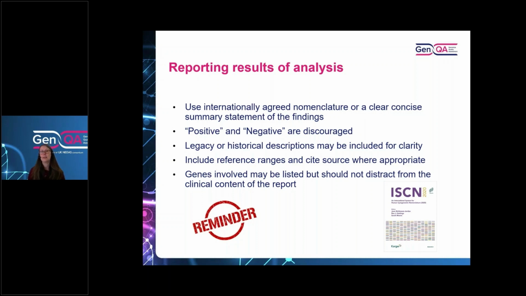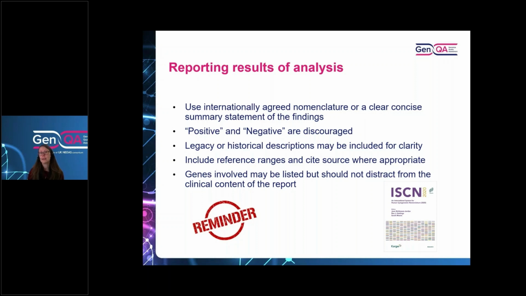We are aware, obviously, there are scenarios where there might not currently be nomenclature. So, for example, for OGM testing, there is no nomenclature for that currently in the ISCN. Or it might be that a laboratory chooses to not use the FISH nomenclature and instead write a clear summary statement of the result, because sometimes the nomenclature can be quite confusing itself.